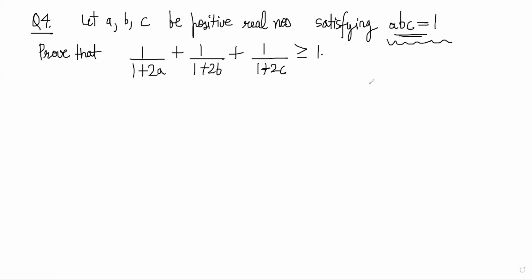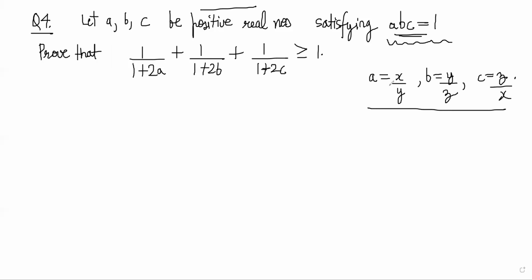If a and b and c multiply to 1 and none of them is equal to 0, since a, b, c are positive, we can obviously take the substitution a is equal to x by y, b is equal to y by z, and c is equal to z by x. You can see that the product of these three becomes 1, and this substitution is valid because none of the numbers a, b, or c could be 0, right?